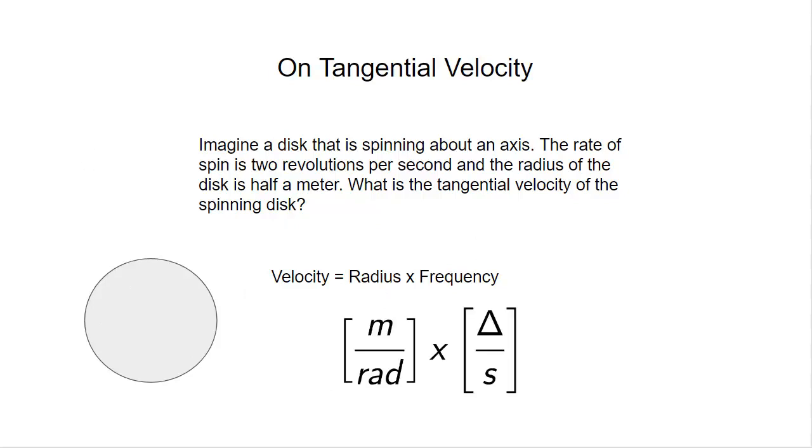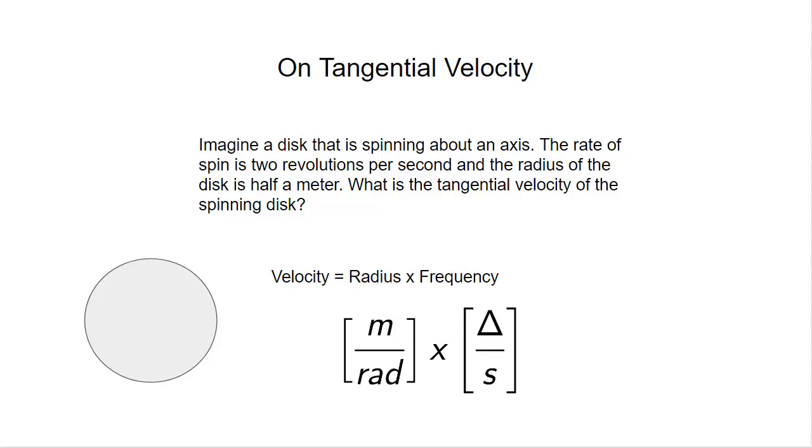This time I'm using modified unit analysis, so I write down the units for the radius, which is meters per radian, and the units for frequency, which is cycles per second. And then I realize, oh, I'm making a mistake because these units don't cancel to give me the result I want, which should be in terms of meters per second.